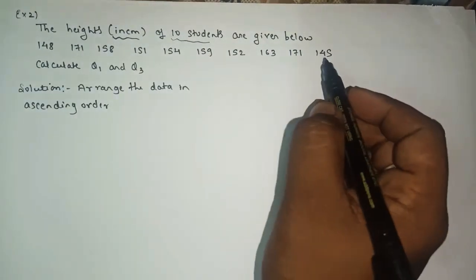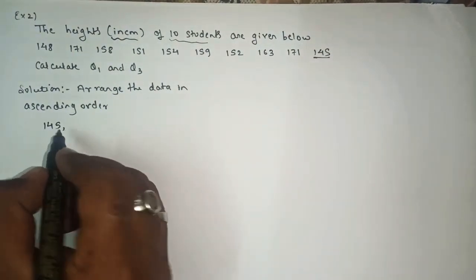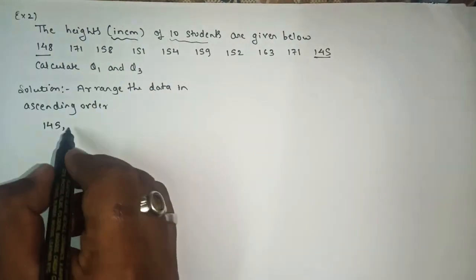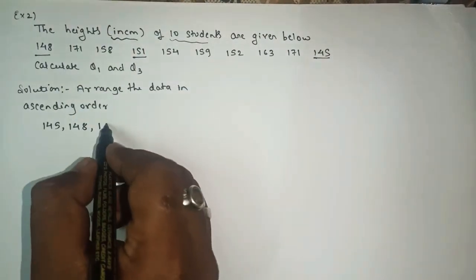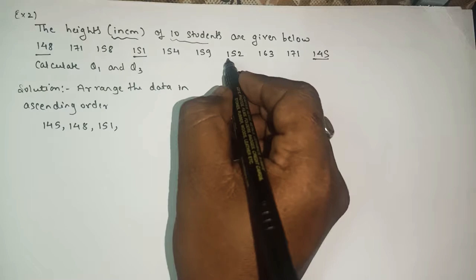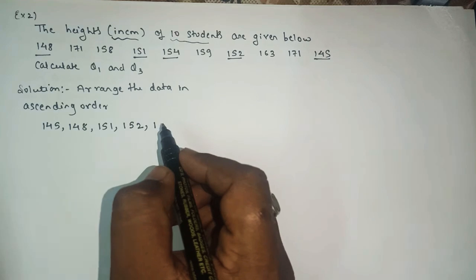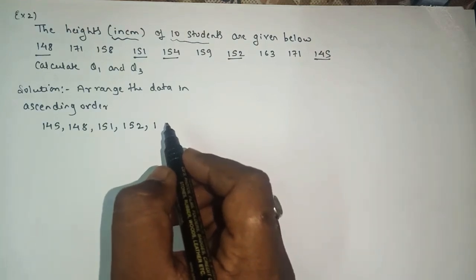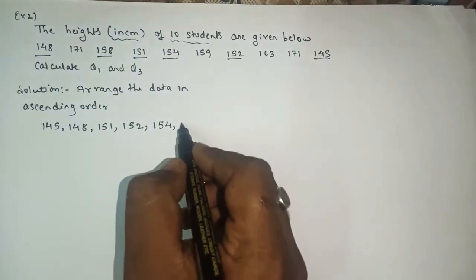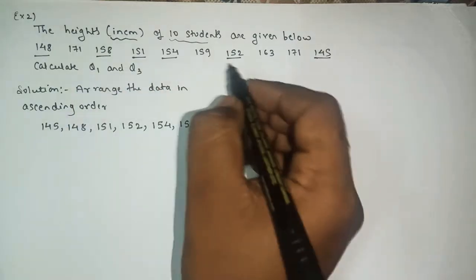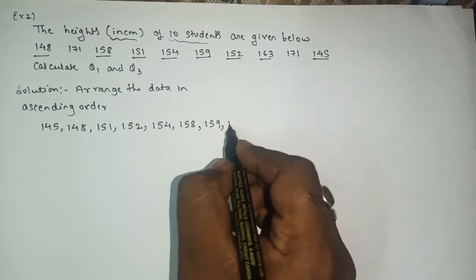So here the smallest number is 145, then 148, then 151, then 152, then 154, the next 158, the next 159, the next 163.